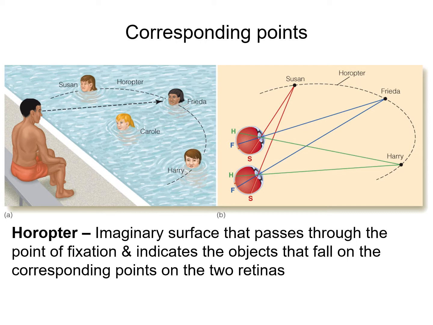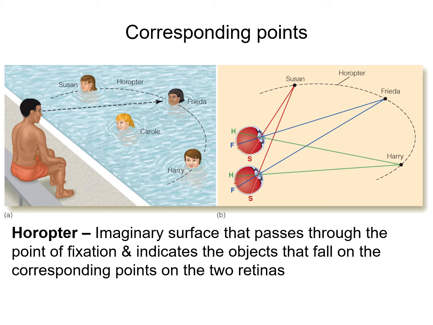It's also an imaginary surface that is rounded like the retina. We have this rounded retina, and that horopter indicates the objects that fall on the corresponding points of the two retinas. He has a nice picture of how, if he's looking at Frida, he has purposefully put Susan and Harry at places where they're going to nicely land on that horopter.